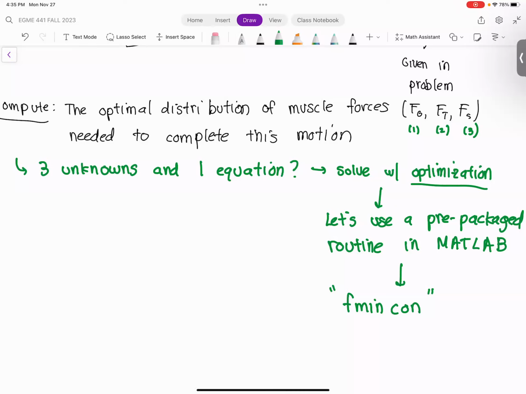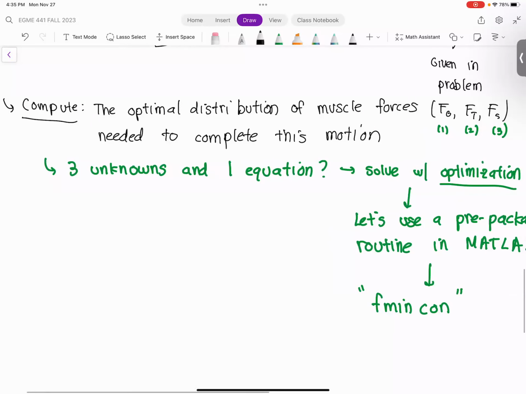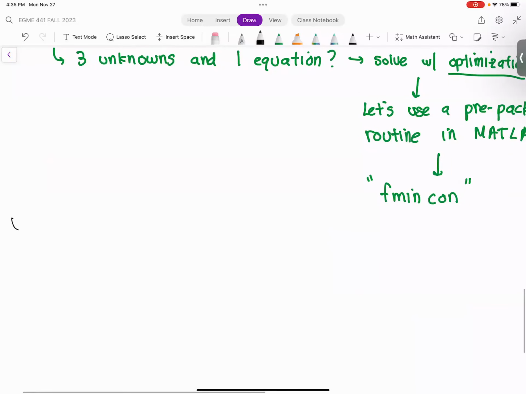Okay. So the question is, how do we set up an optimization problem to use in MATLAB? And so to use an optimization routine, your mindset kind of shifts a little bit, right?